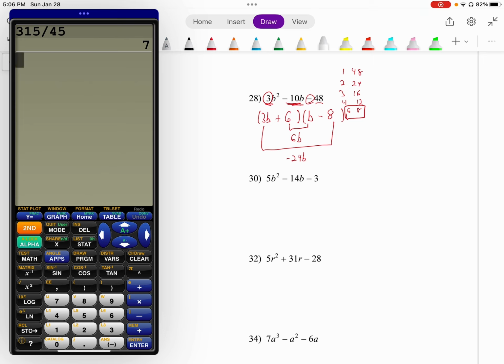However, since 3b and b aren't the same, I'm going to go ahead and switch the 8 and 6 and see if that works. So I'm going to put 8 here and 6 here. So this is 8b. 3b times negative 6 is negative 18b. Those two do add up to equal negative 10. So this is our answer.